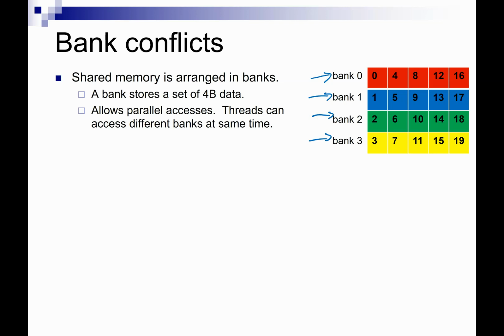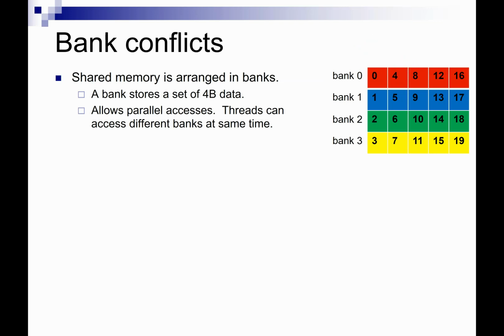However, if you have 2 threads that try to access the same bank, say one thread tries to access this piece of data and another tries to access this other piece of data, and these 2 pieces of data are stored in the same bank, then you get a bank conflict. You cannot make these accesses simultaneously. You have to do them one after another, so it now takes 2 time steps to do these accesses.